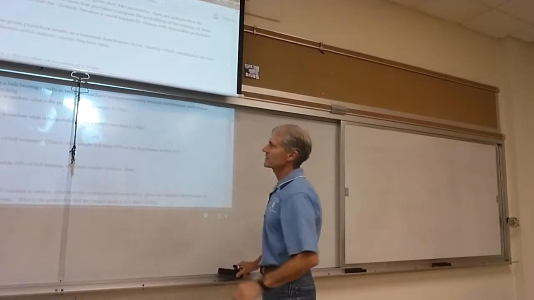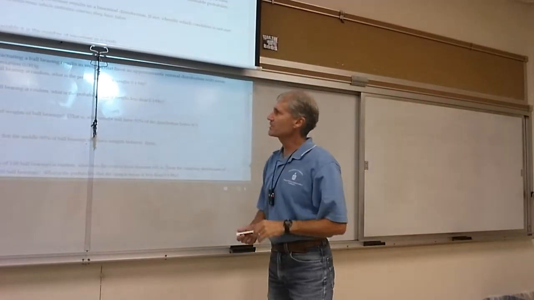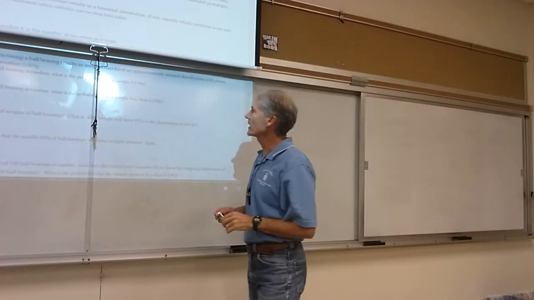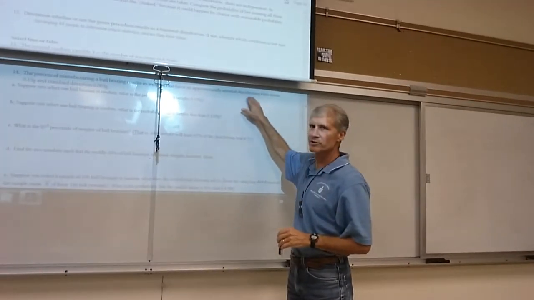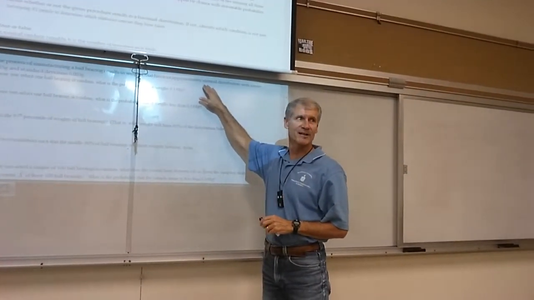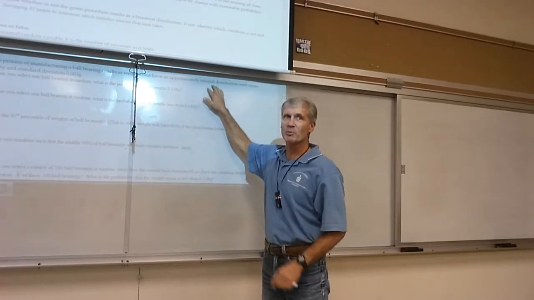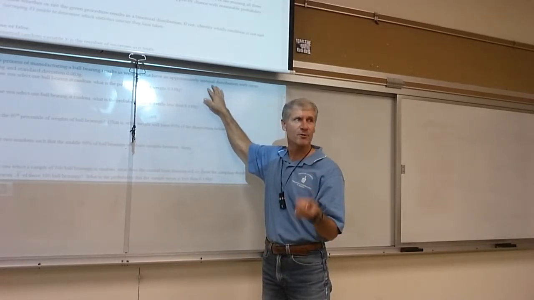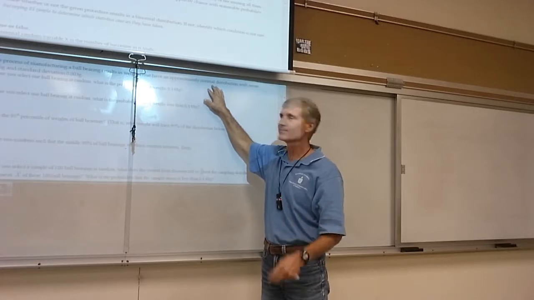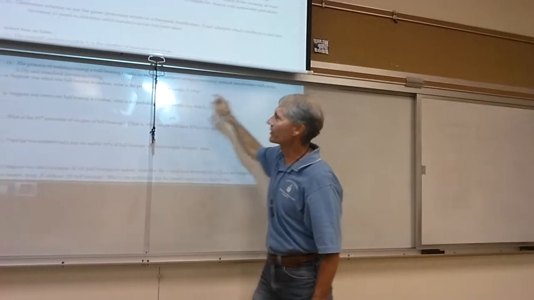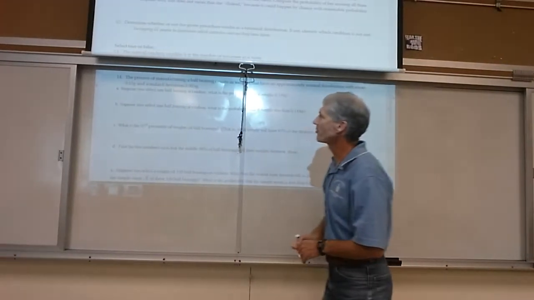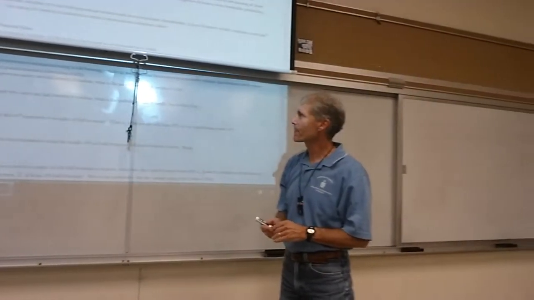So number 14 says, the process of manufacturing a ball bearing results in weights that have approximately normal distribution. Ooh, big hint right there. If it says this somewhere in there, you're probably going to be doing normal CDF or inverse norm, right? With a mean of 0.15 and a standard deviation of 0.003.